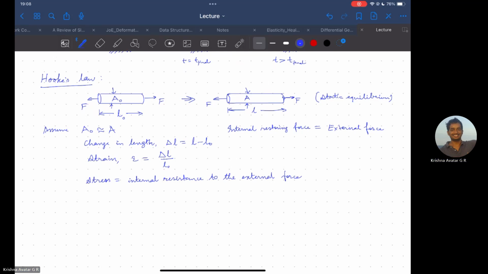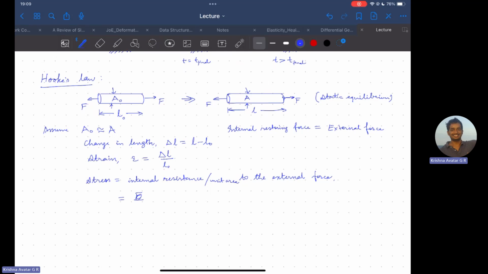So in general, the way we define stress is always force divided by area, since at the time of equilibrium the internal resisting force becomes equal to the external force. However, stress here is always internal resistance per unit area. So we want to look at the overall, in a distributed sense. That is what stress is.